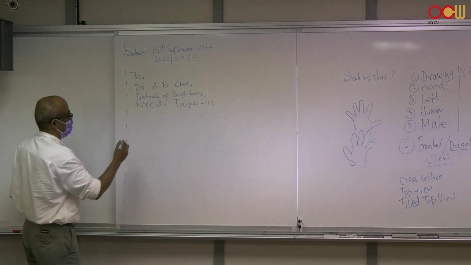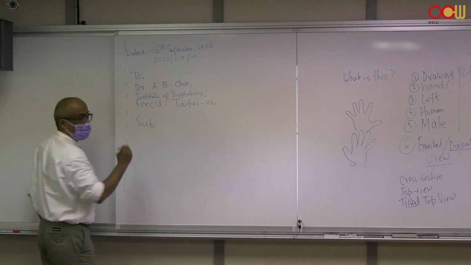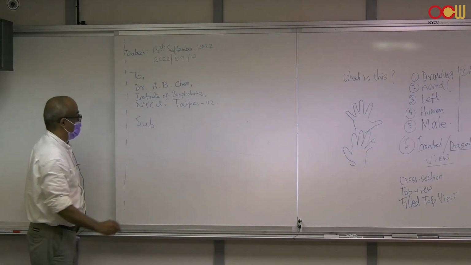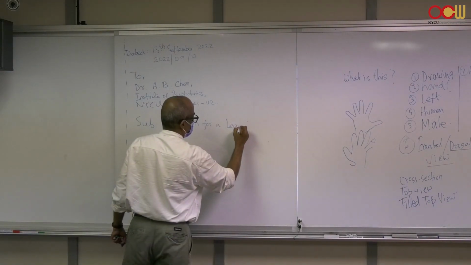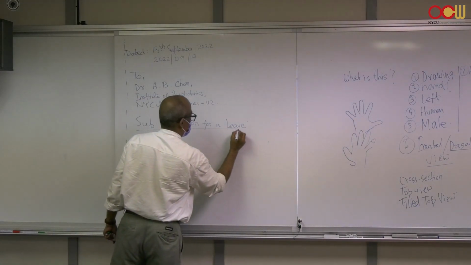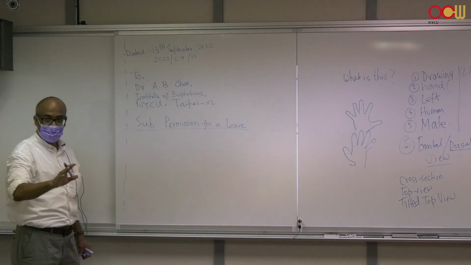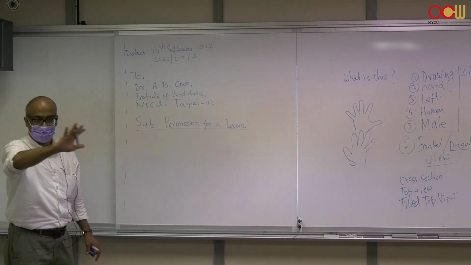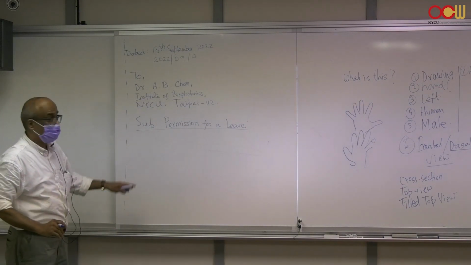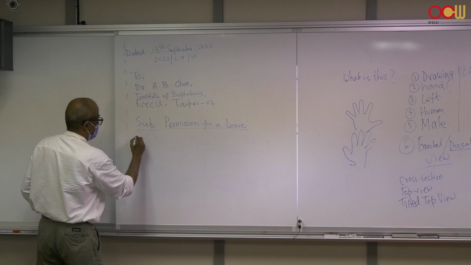And then the most important thing, the subject. You write Sub, and then underline it. I am mostly sure maybe 90% of you did not do this. So you need this subject. Then you start.